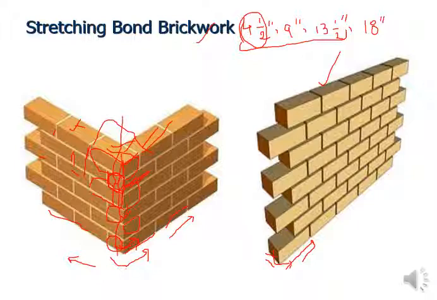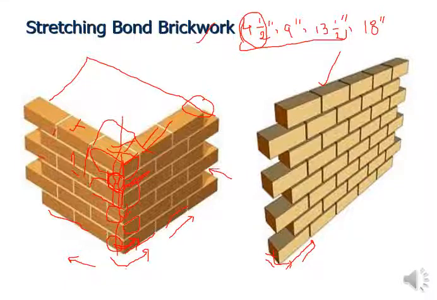So once you are deciding the bonding, you cannot continue the same even course through the corner towards the joint. If there is another corner, it is a four-sided wall of course, then the same thing is going to be done. Your even courses for this side of the wall, along this direction, will be converted into odd courses, and all of the odd courses will be converted into even courses.